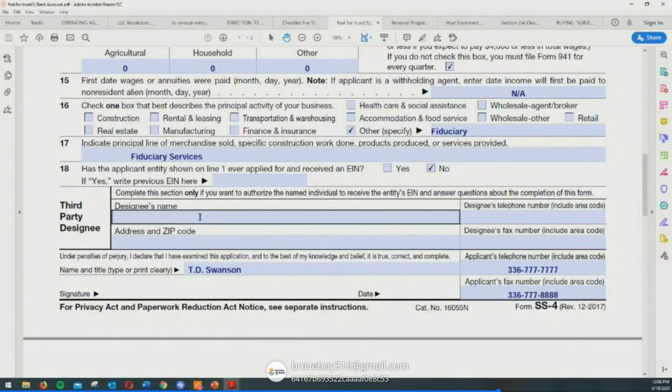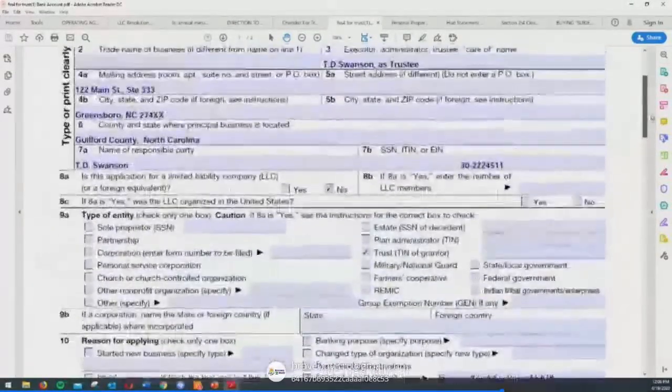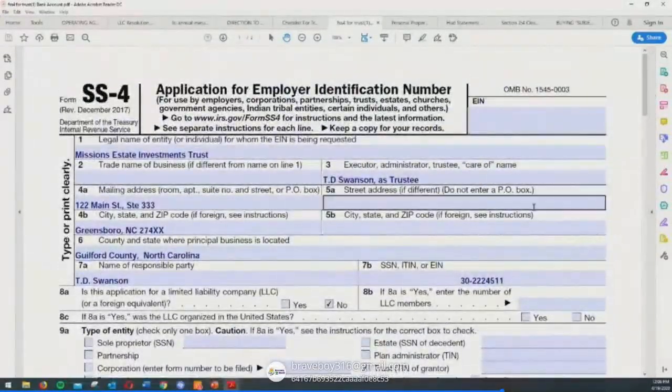You're going to put your designees, you're going to put your name there and sign up. And in most cases, guys, you're not going to sign anything because you're going to fill this out online. The IRS is going to give you an EIN number instantly. And you're going to have this SS-4 form that says that the IRS has accepted this and given you an EIN number.